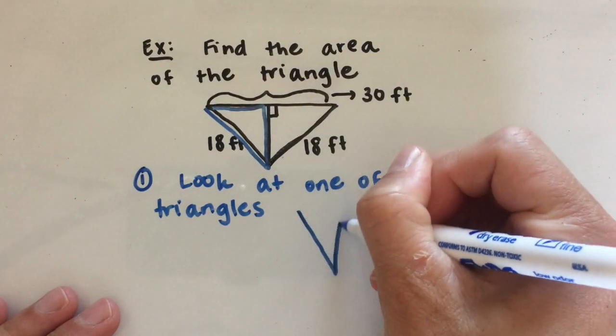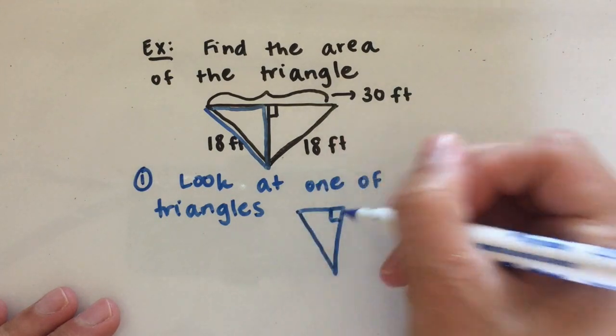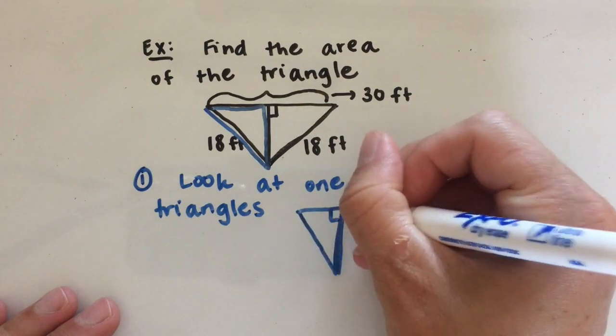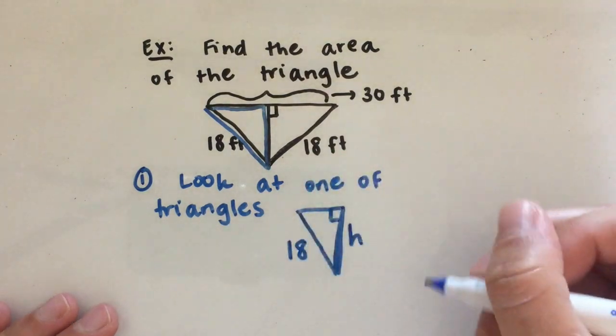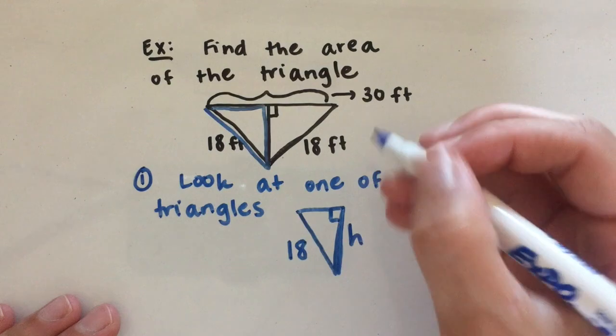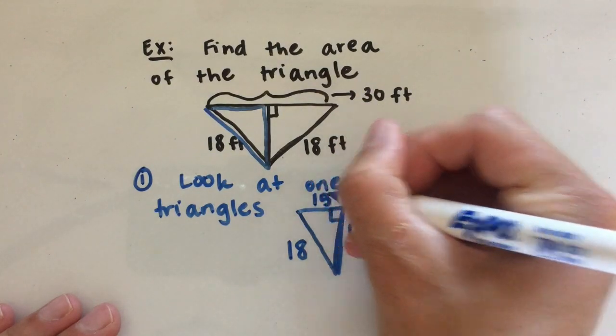So now I have the right triangle with hypotenuse 18. Because this line is a perpendicular bisector, it cuts the base in half, so we get 15 as one of the legs of this triangle.